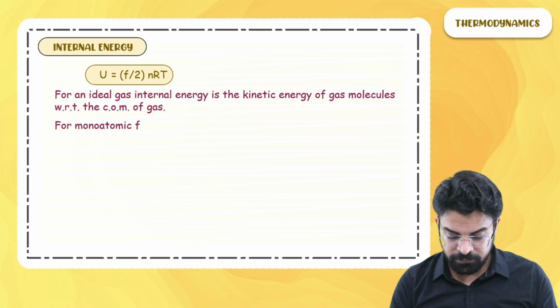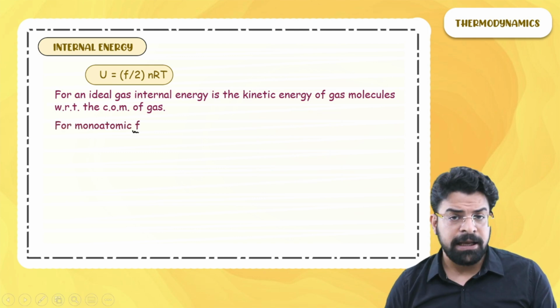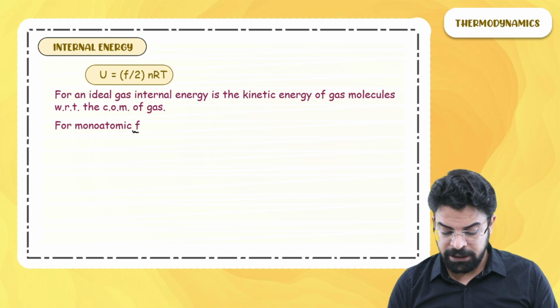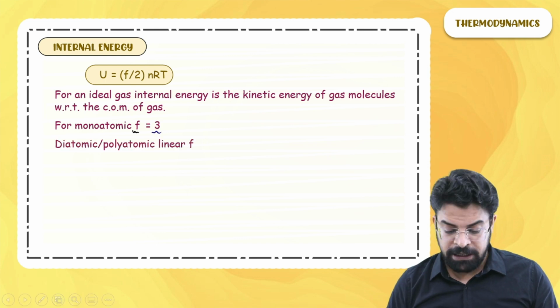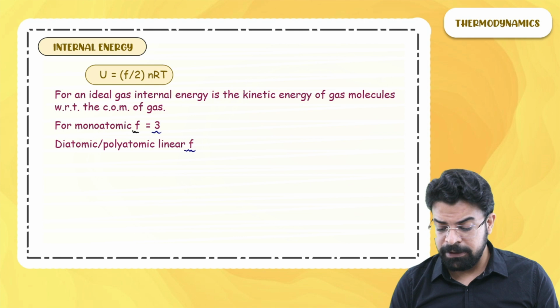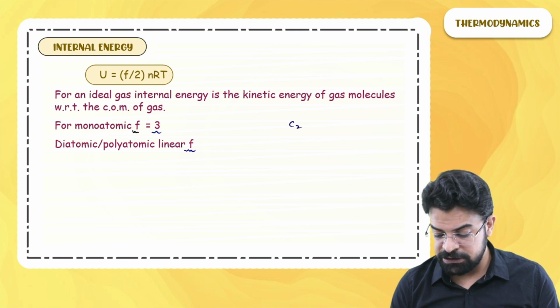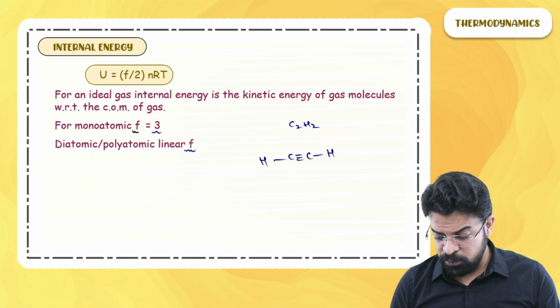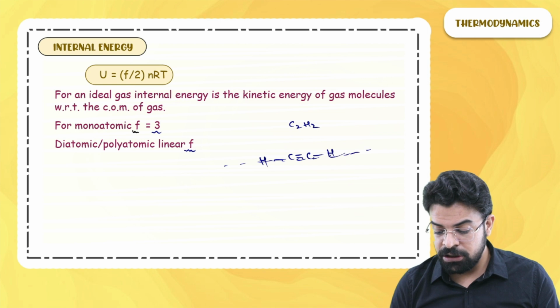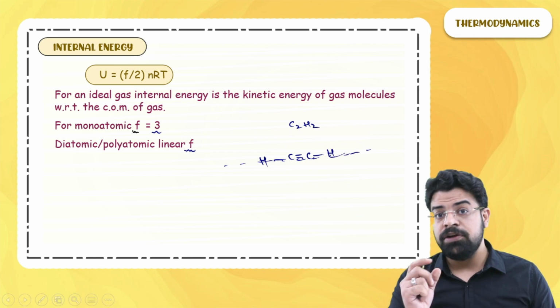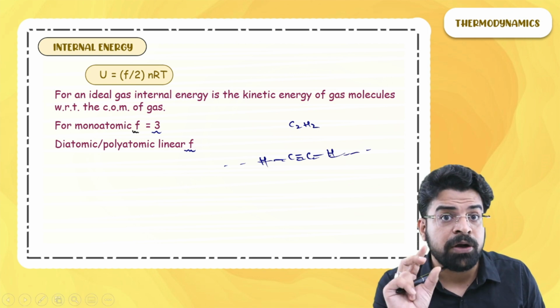Moving on. For monoatomic gas, the degree of freedom is 3. For diatomic gas or polyatomic linear gas, for example C2H2, which is a polyatomic linear gas, even in this molecule, along the axis, there is no moment of inertia. So again, you get only 2 degrees of freedom because of rotation.